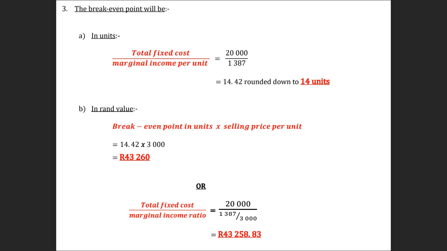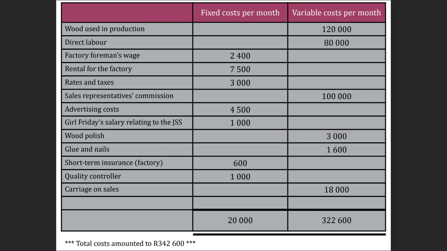And then on the next page, you're going to see the break-even point being calculated. The break-even point is calculated using the formula in red here. It's your total fixed cost over your marginal income per unit. Your total fixed cost we got from this table at the bottom, the 20,000 Rand here.